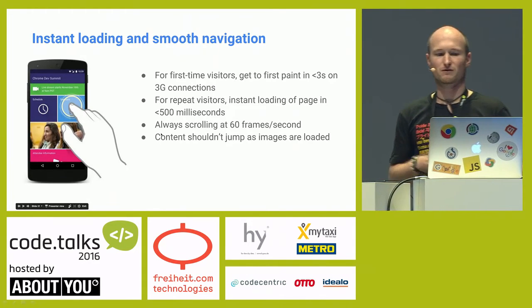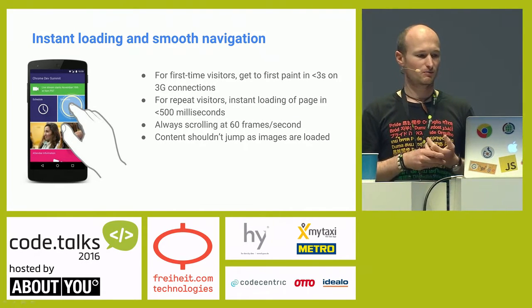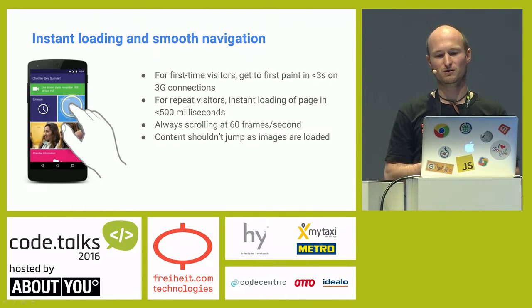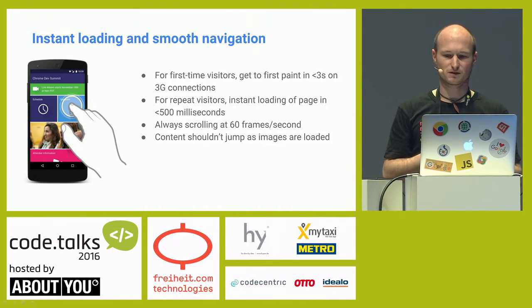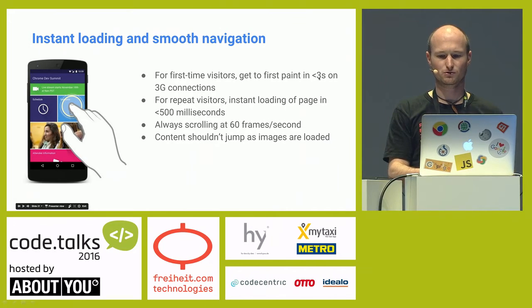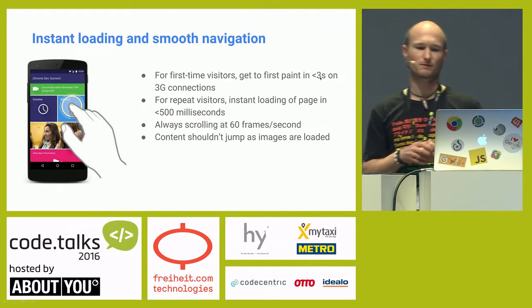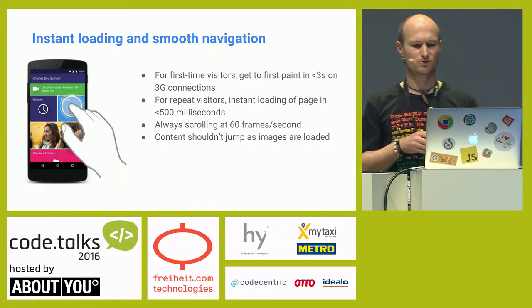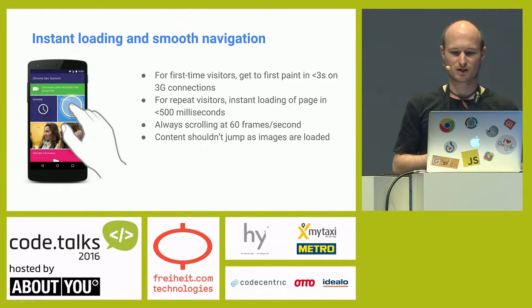And then, we have obviously one of the big selling points, speed. Progressive web apps load instantly, more or less, simply because most of the content is already in the cache. The performance recommendation is always to get to the first paint in less than 3 seconds on a 3G connection. If you remember back, the code.talks server took 2.3 seconds before responding at all. So there's not much time left until getting to 3 seconds.